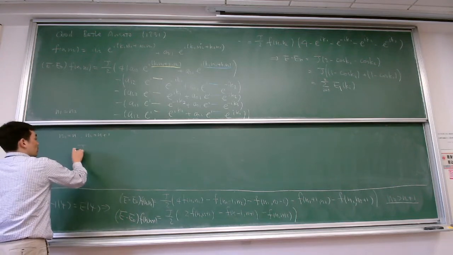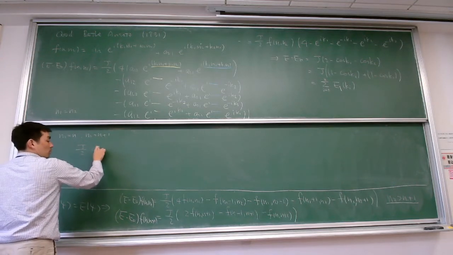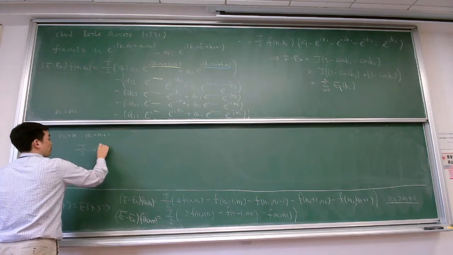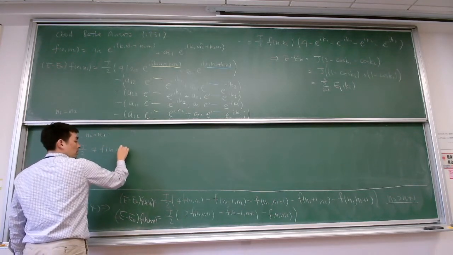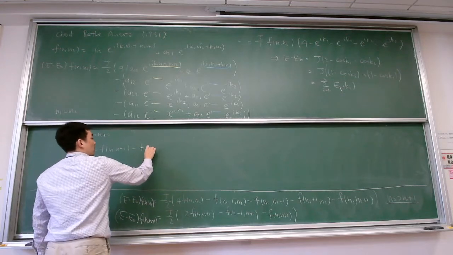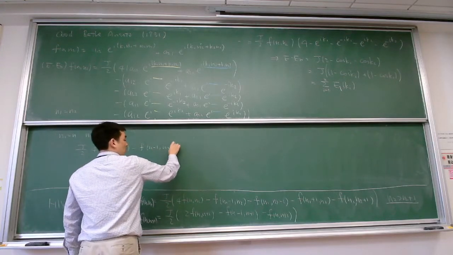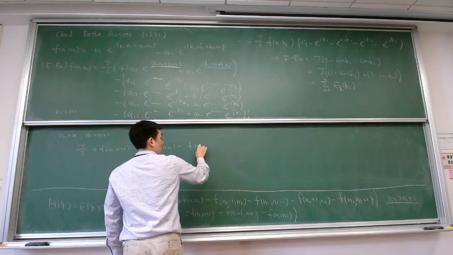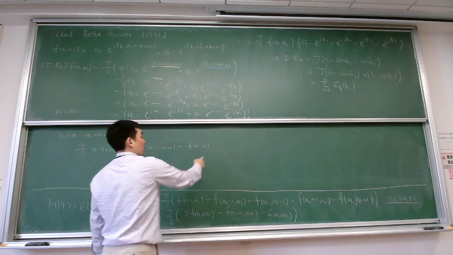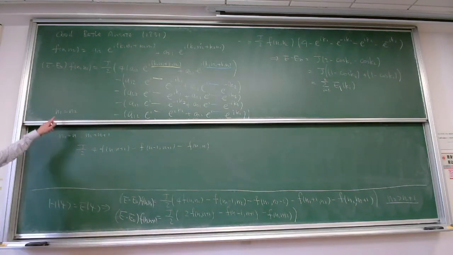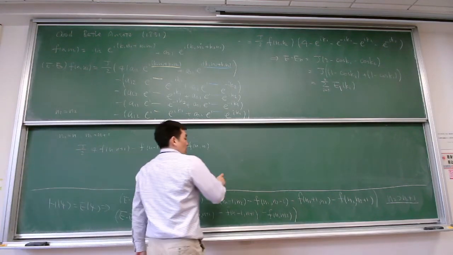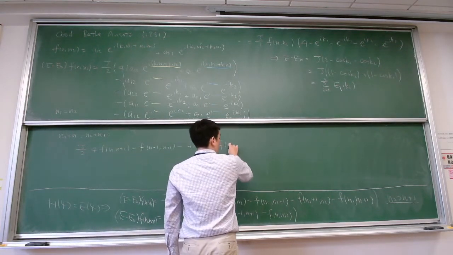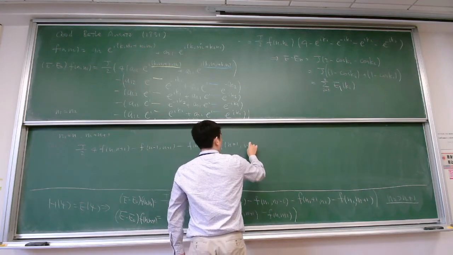Then you get J over 2 times f(n, n+1) minus f(n-1, n+1) minus f(n, n). So now we have n. So n1 stays, n2 shows up, and then minus f(n+1, n+1).